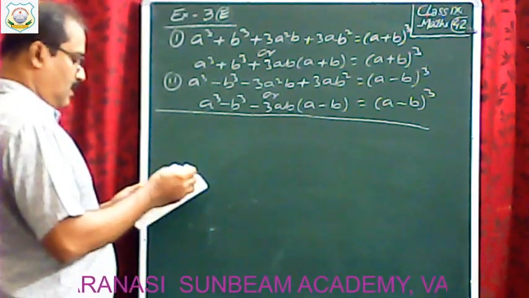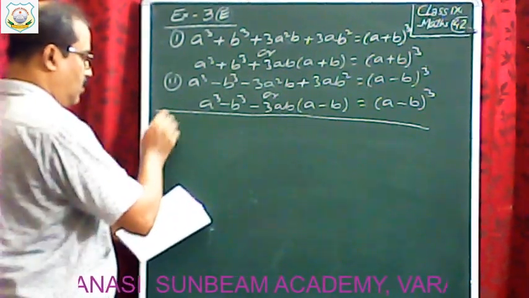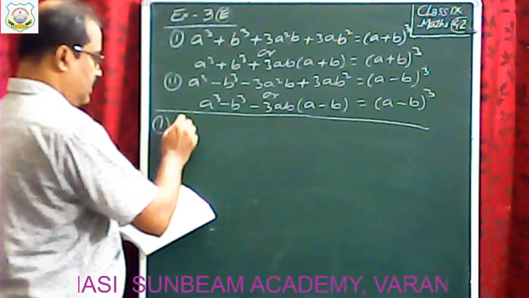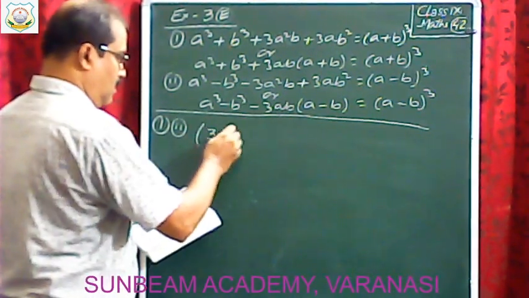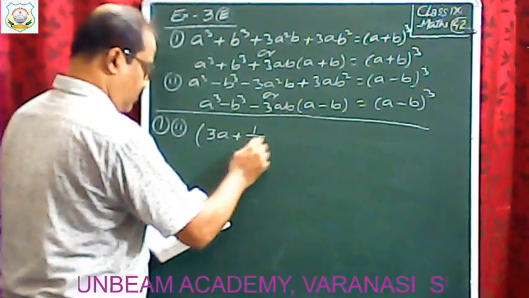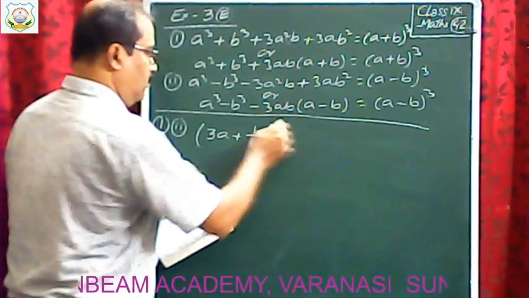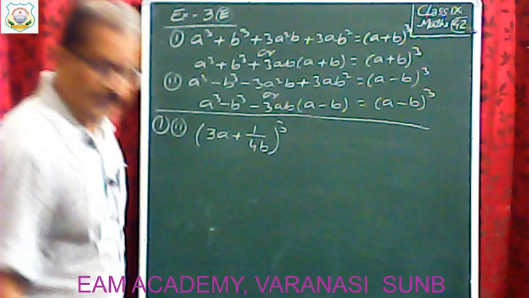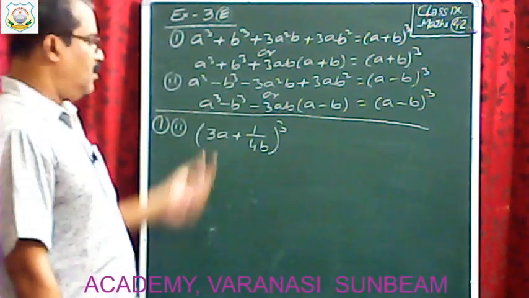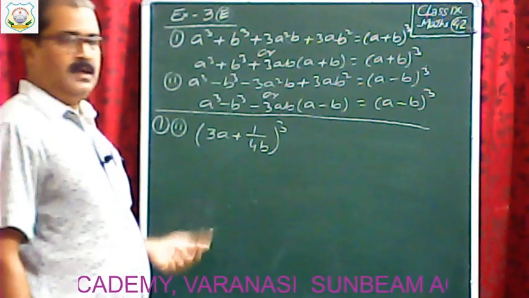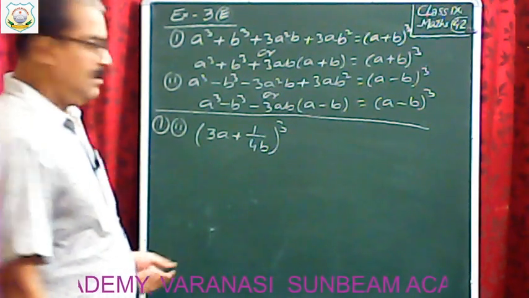To exercise questions, we can expand. Question number 1, second: 3a plus 1 upon 4b whole cube. Okay, you have to expand all. a plus b whole cube, part of a is 3a, part of b is 1 upon 4b.